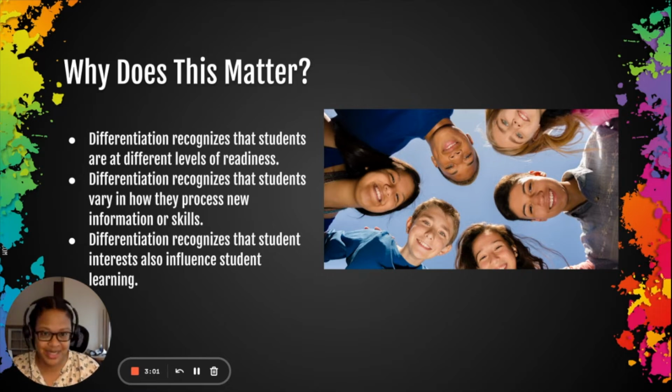All of these things seem like no-brainers to us as band directors, but oftentimes when we are in professional learning environments talking about differentiation, we're kind of locked out. But the sheer nature of what we do and how we do it really lends itself very well to a differentiated classroom.